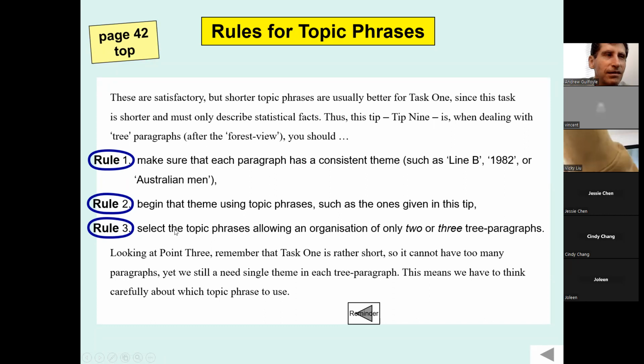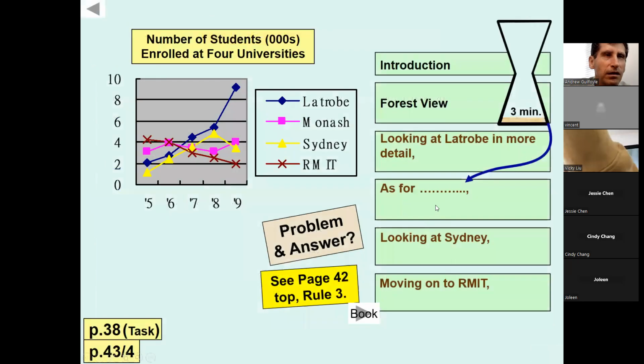Okay. Select the topic phrases allowing an organization of only 2 or 3 paragraphs. Okay, so what are we going to put here? And we've only got 3 minutes left. Tick, tick, tick. So what do we do?